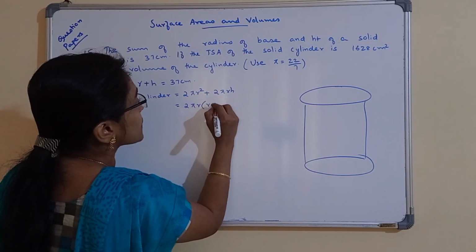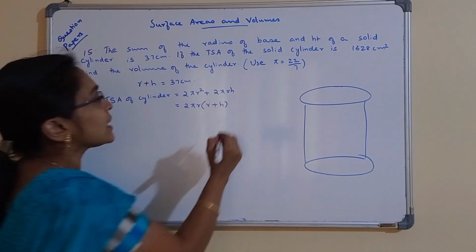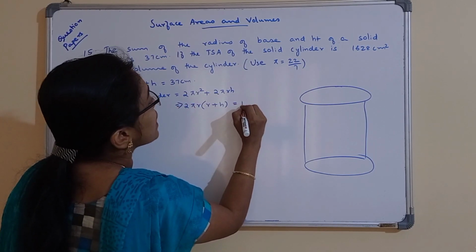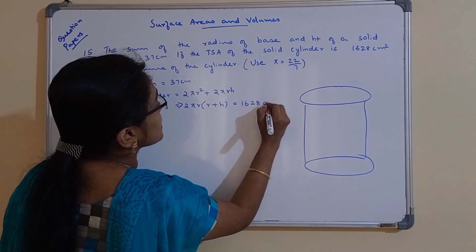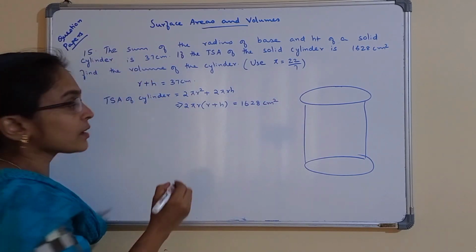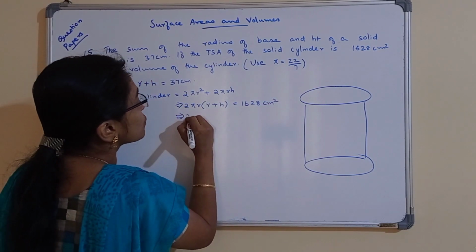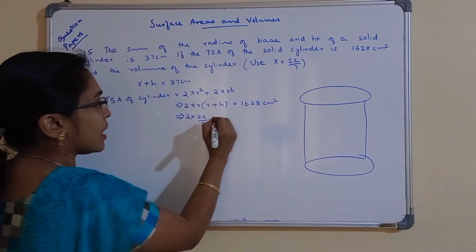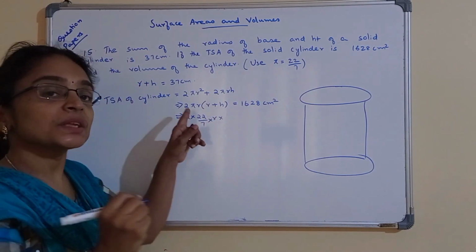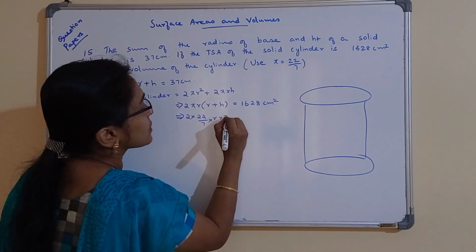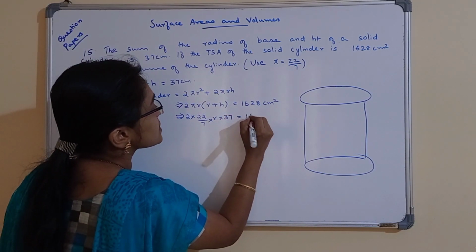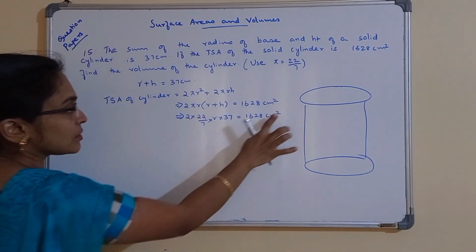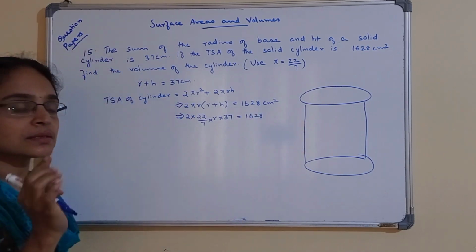So into r plus h, and that is equal to 1628 centimeter square. Now this implies 2 into 22 by 7 into r plus h is 37, 37 is equal to 1628 centimeter square.